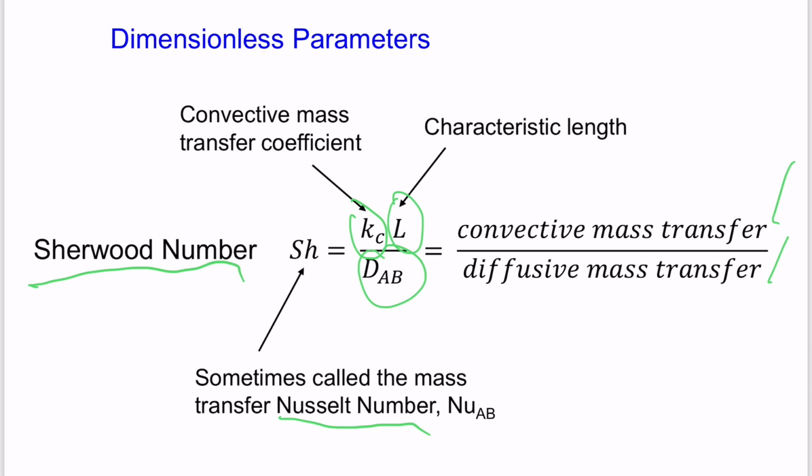Will these three dimensionless parameters show up a lot in these kinds of equations when you're working these problems? Yes, they do. They're very useful. And the beauty of them is that once you work through the units, the dimensions are gone. And that's handy because we don't have to worry about figuring out the units.